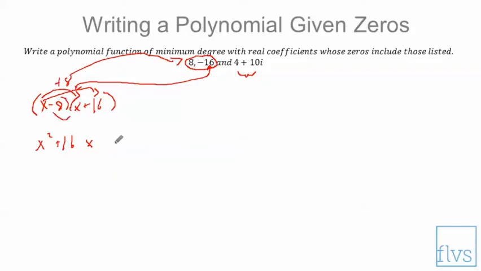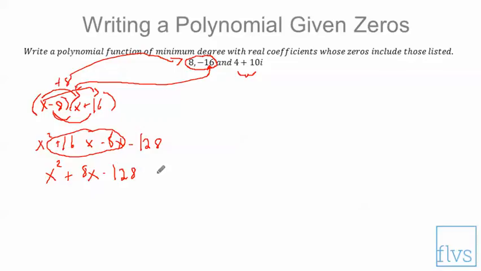So I get negative 8 times x is minus 8x. And then lastly, negative 8 times positive 16 is going to be negative 128. I got some like terms right here in the middle. Ended up with x squared plus 8x minus 128 is what that comes out to be.